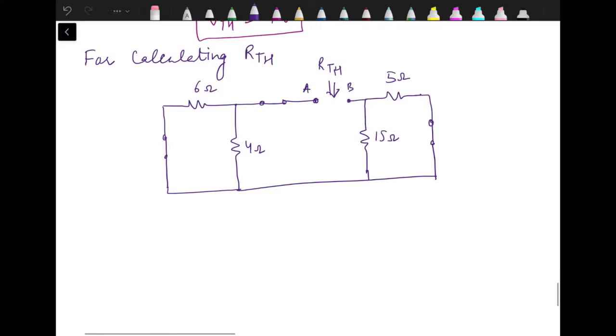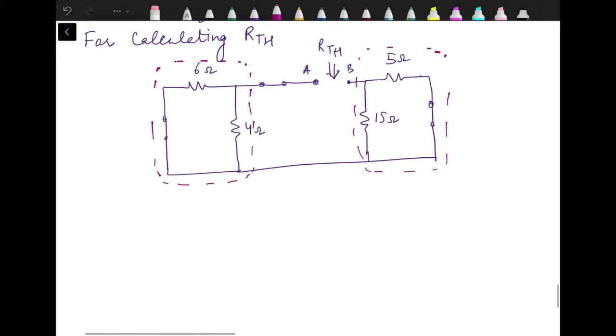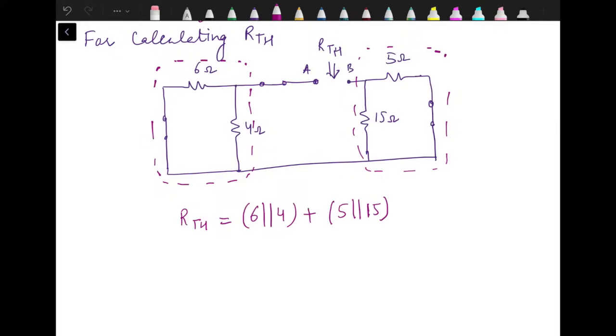So now on this side, we have two branches which are connected in parallel. 4 and 6 are connected in parallel. Here also we have the parallel combination of 15 and 5 ohm resistance, and after that they are in series. So RTH is 6 in parallel with 4, in series with the parallel combination of 5 and 15.